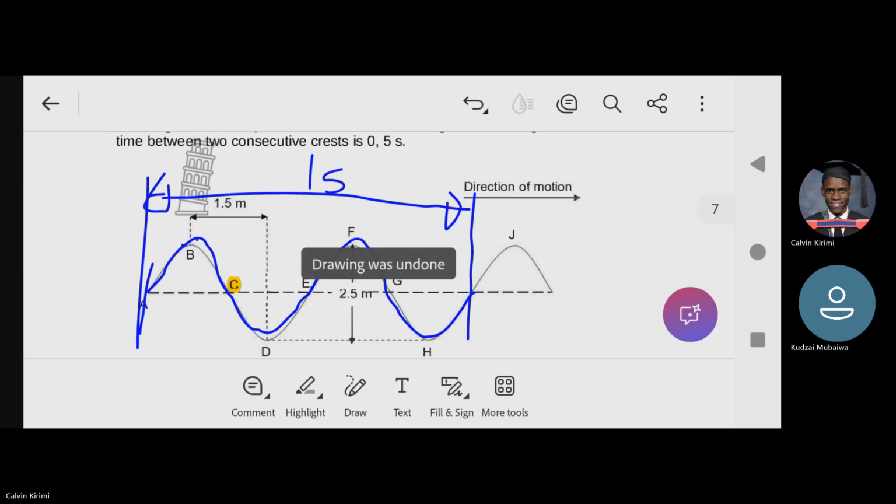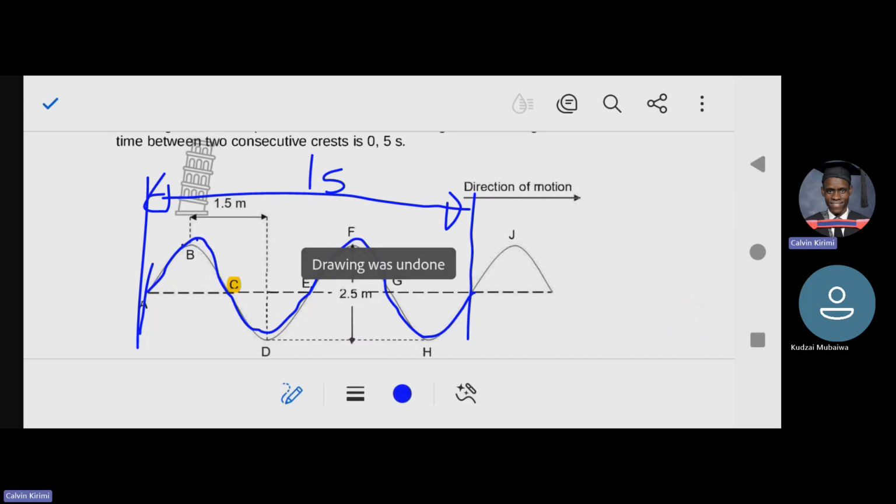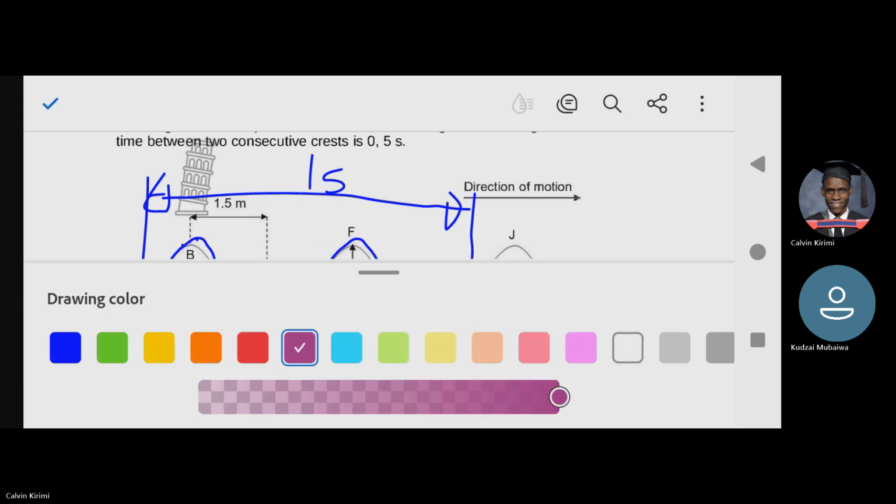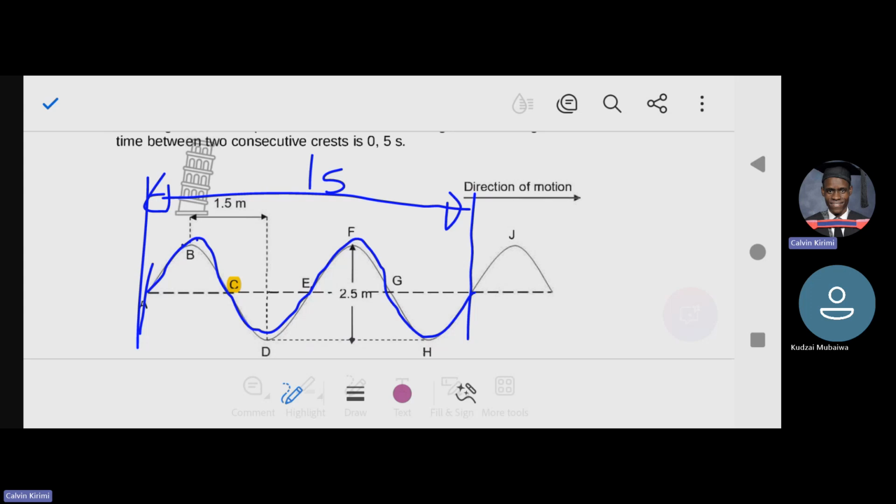Now, what is the time taken from this crest to complete 2 crests only? This is 1 crest. Now 2 crests to come to here. I must end there so that I cover these two crests. For me to have moved that route from there, come down, up to I reach there, I've covered 2 crests.